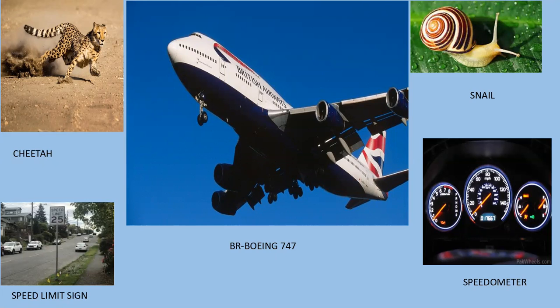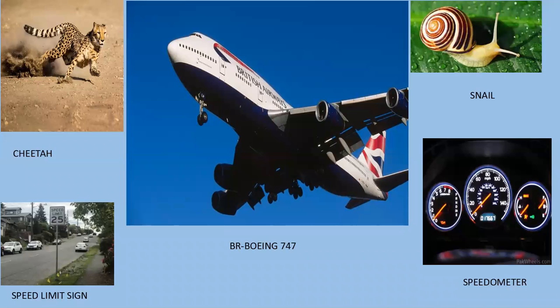Is it clear? Now the next is Boeing 747. This is a type of aeroplane. It is a passenger plane. It takes passengers. It is called Boeing and its number is 747.